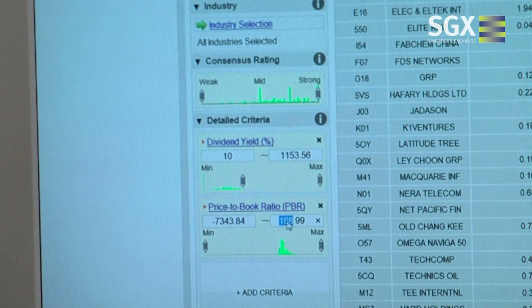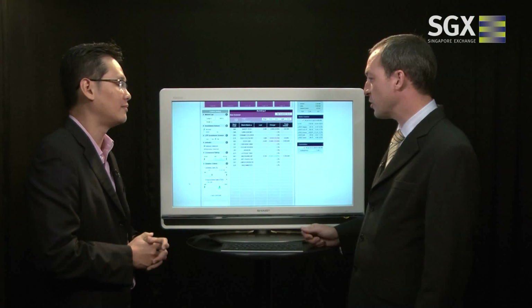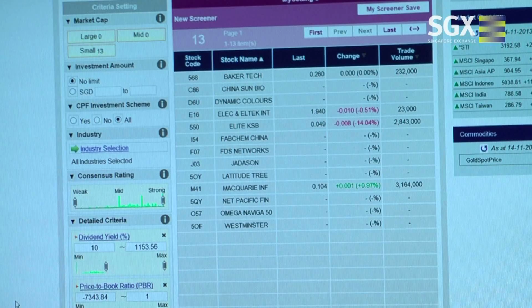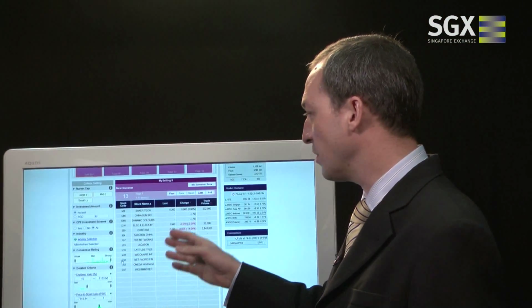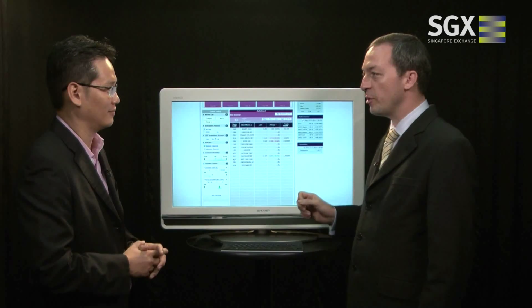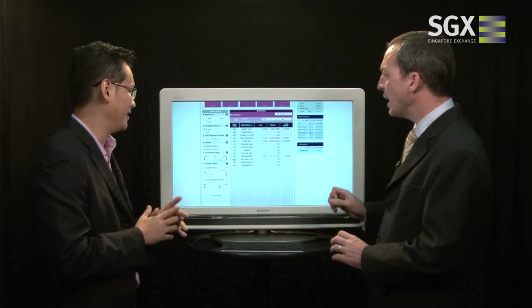I just click 1 and see if anything pops up. Wow, 13 of them? Yep. So there are 13 stocks that are trading below book value and have a yield of around 10%. Fabulous. And so you can then construct your own criteria and you can presumably add a few more. That'll then allow you to narrow it down. Definitely. And then you can do further research before you buy. Great. That's very important, yes.